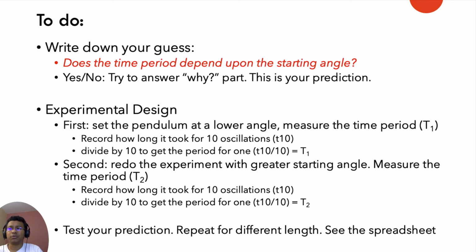The thing to do would be first to predict, right? Do you think that the time period depends on the starting angle? Yes or no, and why? Why do you think you chose yes or no? Because this is the prediction. Is the share market going to collapse tomorrow?